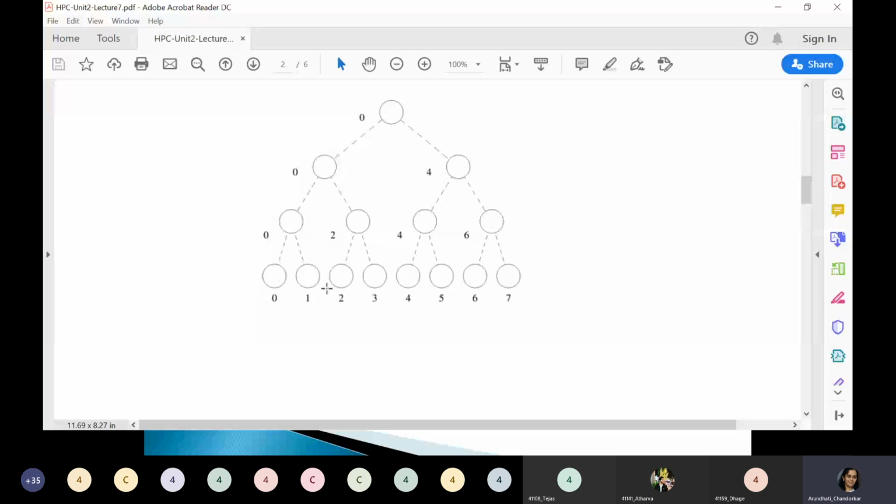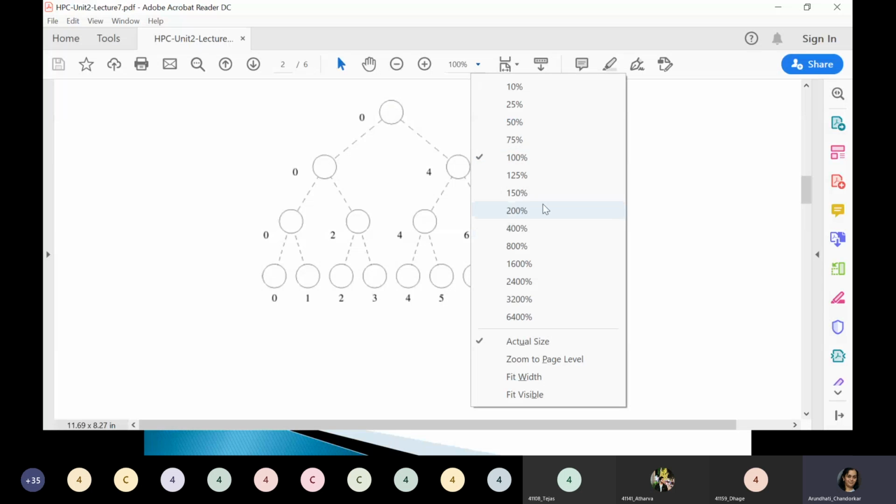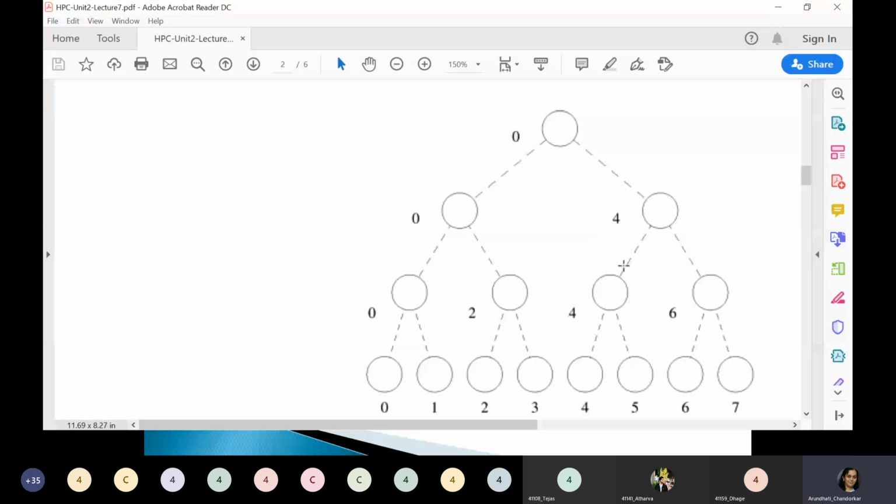Just see, at leaf nodes you get maximum concurrency. How many processes? 8 processes can run in parallel. As you go upwards to the next level, as you move from the leaf towards the root, concurrency goes on decreasing. The diagram itself is telling you that. Again, I am explaining the drawbacks.